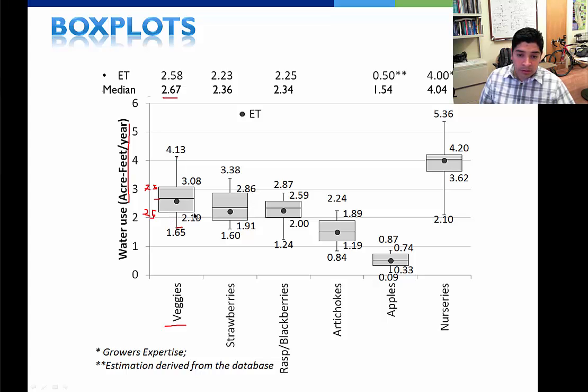Usually, 50% of them use something between 2.19 acre-feet per year to 3.8. This is 50% of the population, then 25% in this area and 25% in this part. This is the median value, which is 2.67. And there are persons that use as maximum 4.13. So this is what these box plot charts tell you.